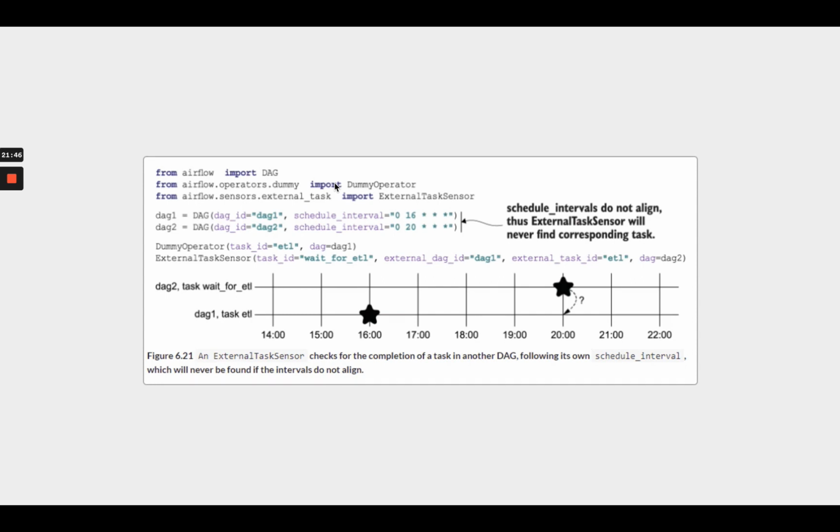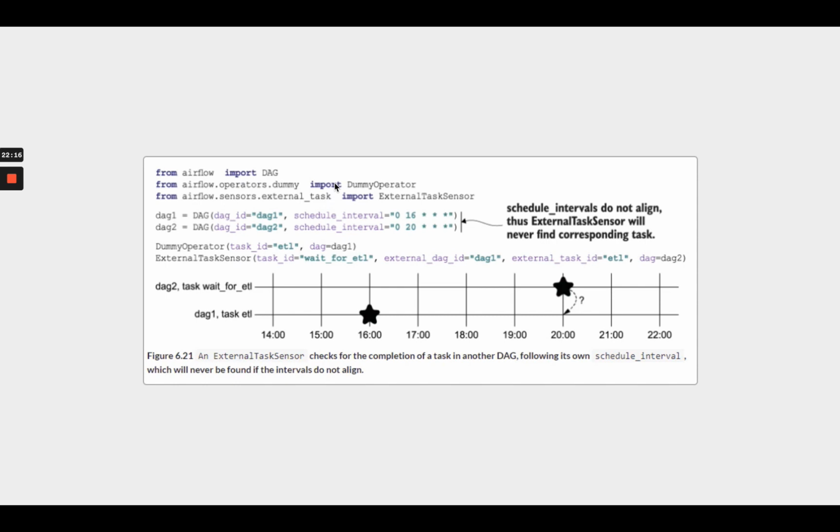The default behavior is such that the external task sensor simply checks for a successful state of a task with the exact same execution date as itself. So, if an external task sensor runs with an execution date of 2019-10-12-T-18-0000, it would query the Airflow metastore for the given task, also with an execution date of 2019-10-12-T-18-0000.